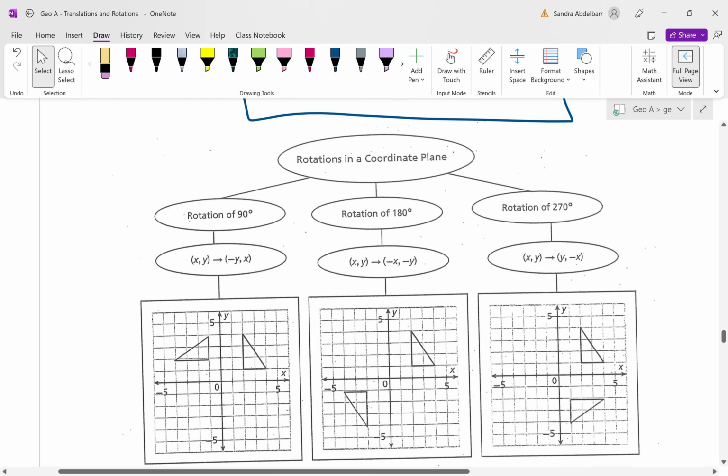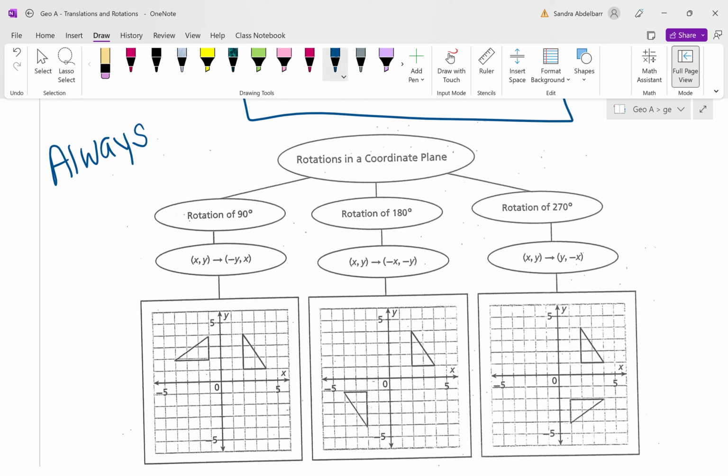So now I'm giving you the rules for rotations, 90 degrees, 180 degrees, and 270 degrees. All of these rotations, are we clockwise or counterclockwise? 90, 180, 270, clockwise or counterclockwise? Always counterclockwise, unless I specify something different.